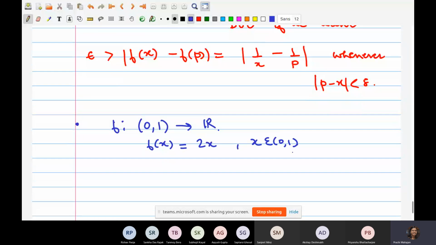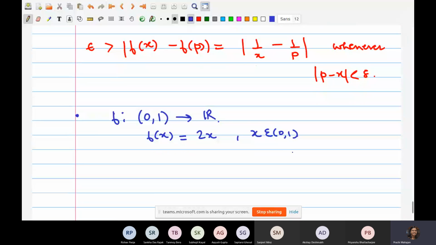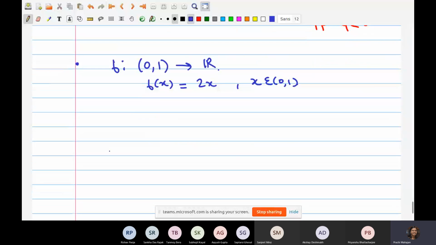Now I claim that this function is uniformly continuous. Why? Because you fix epsilon positive, and let's look at f of x minus f of y, for x, y in the interval 0, 1.